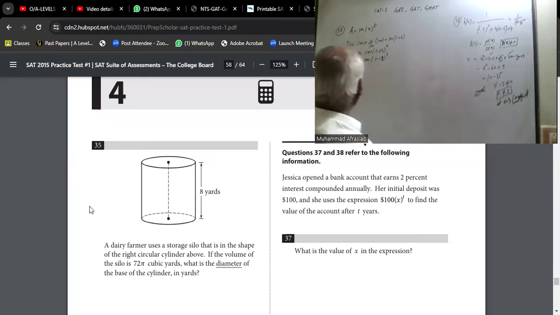So after t years it should be equal to 100 times 1.02 power t. So the value of x there is equal to 1.02.